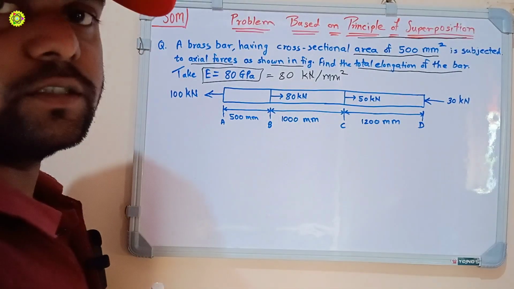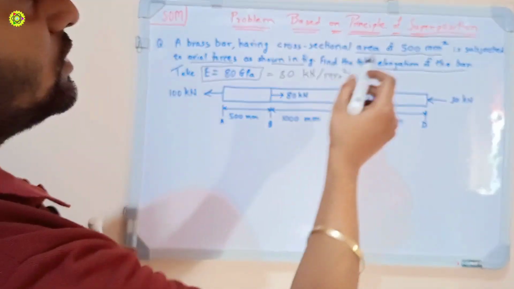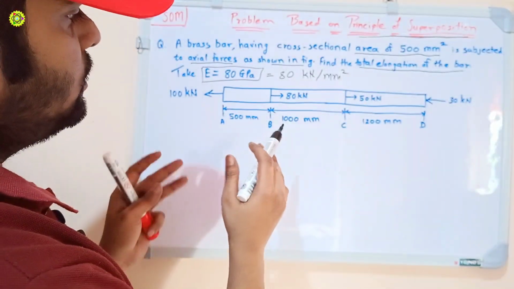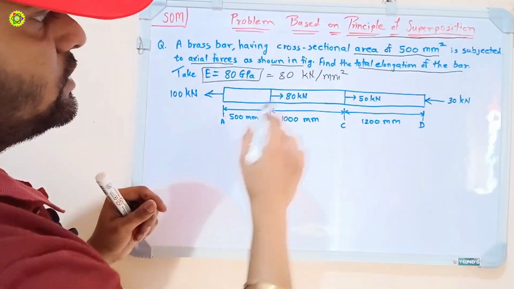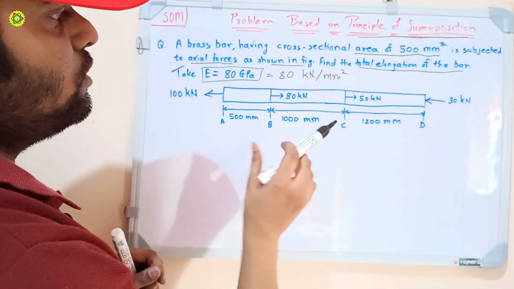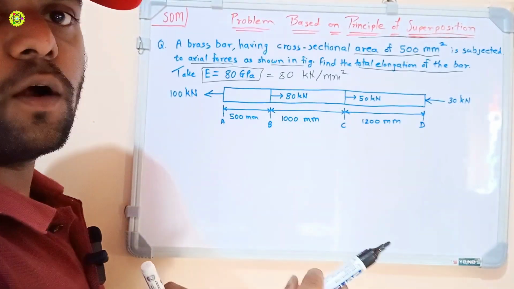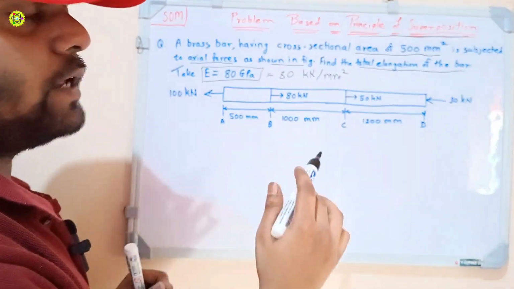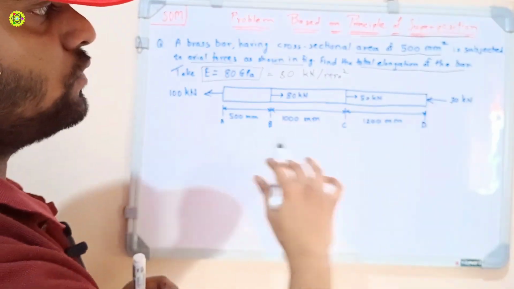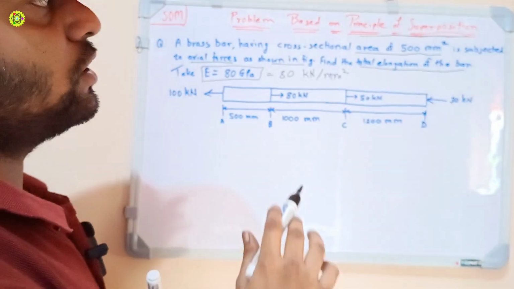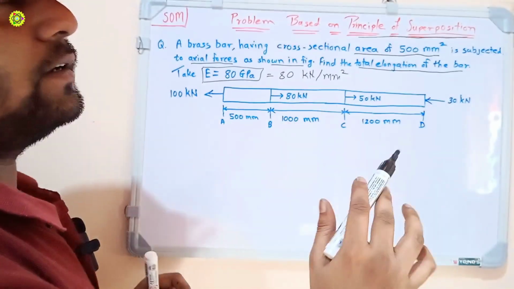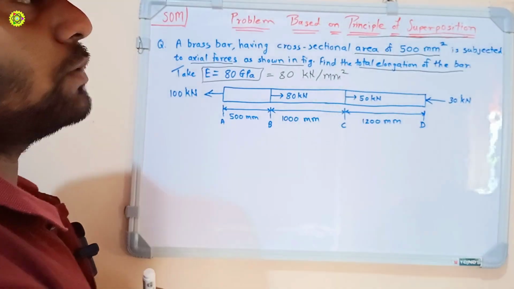Let's see how it is. This is the principle of superposition: we simplify this diagram and calculate the elongation for each section, and the algebraic sum of all these elongations will be our total elongation of the bar.